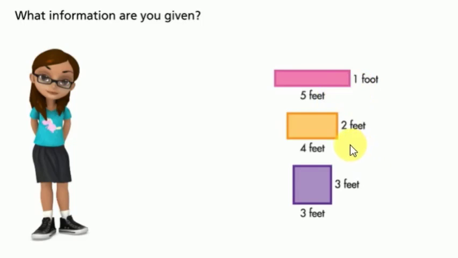So what is the area of this orange rectangle? Very good. It's 4 times 2, that is equal to 8. And what about the purple one? Very good. It's 9. So, which of these shapes have the biggest area? Excellent. The square, the purple one, is having the biggest area.